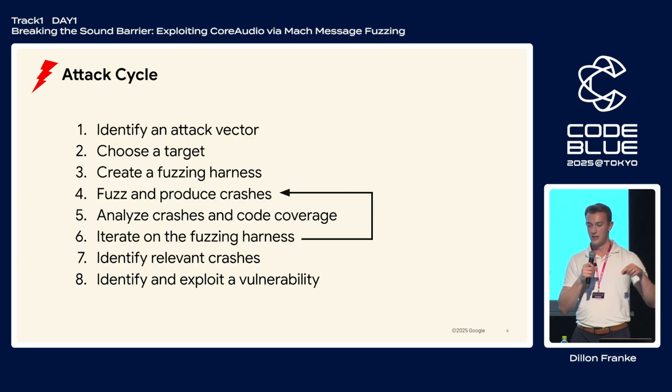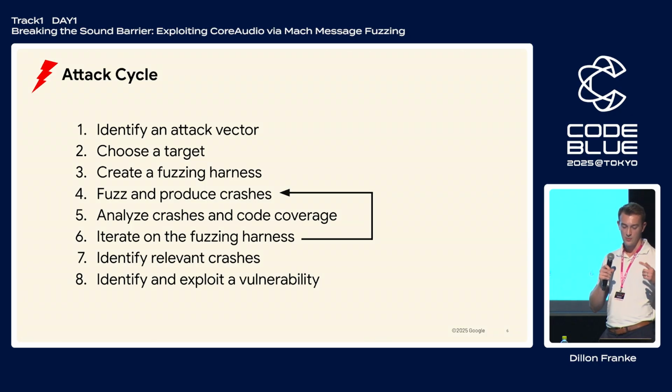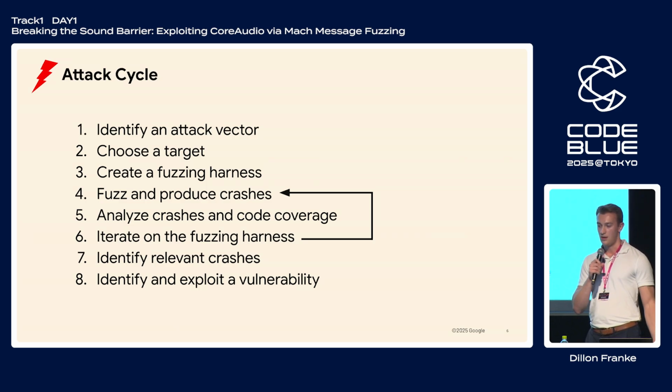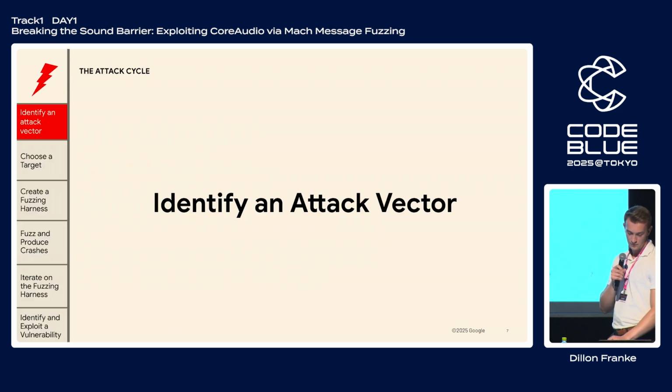We complete steps 4 through 6 a bunch of times until hopefully we eventually identify a security relevant crash and can then turn that into an exploit of a vulnerability.